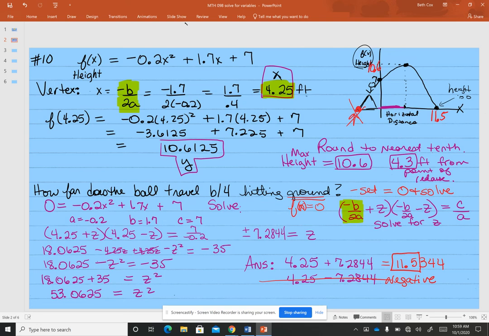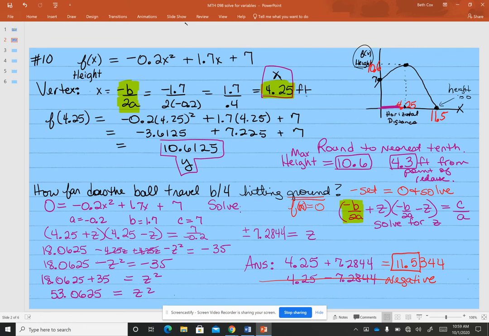All right, and then this distance right here is 4.25. So now when I'm looking at my graph, I'm looking for a graph that has those numbers. A 7 there, 10.6 at the top, and 11.5 at the bottom. So look for your graph that has those approximations, and that'll be the last part of this problem.